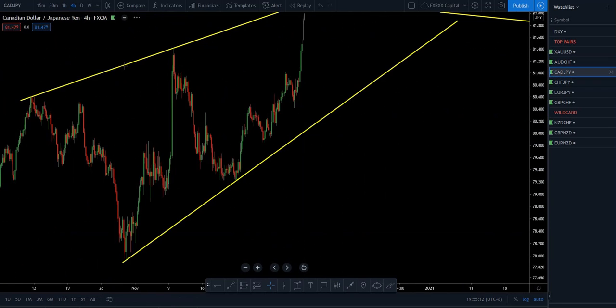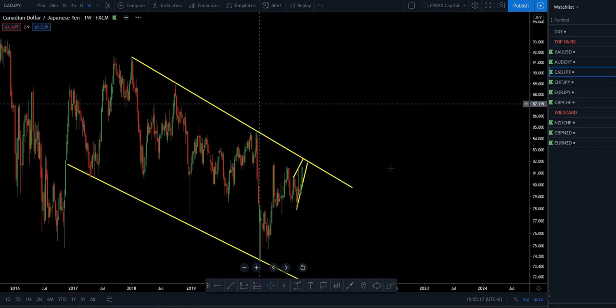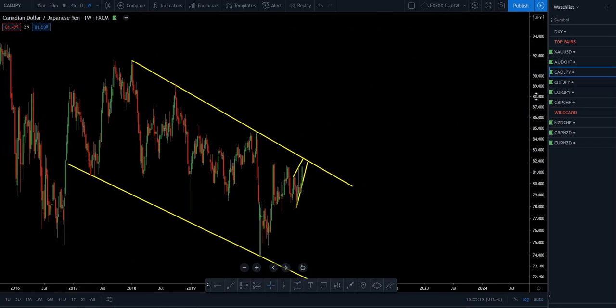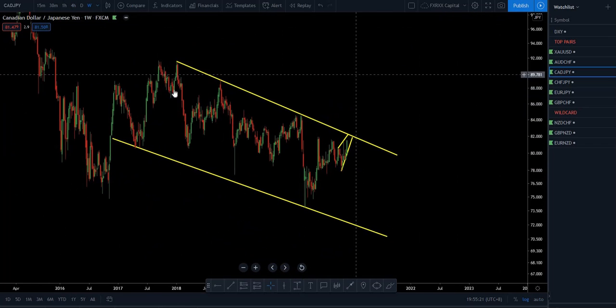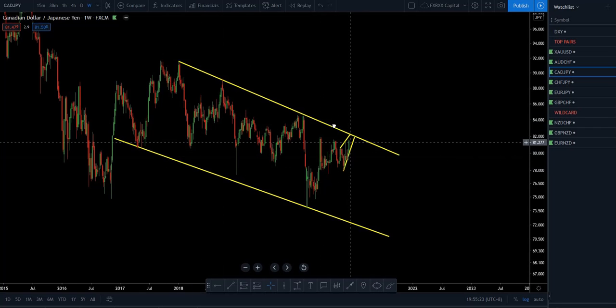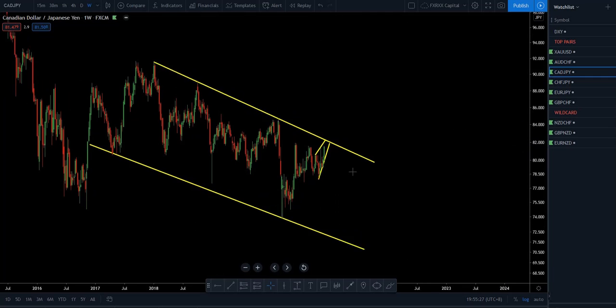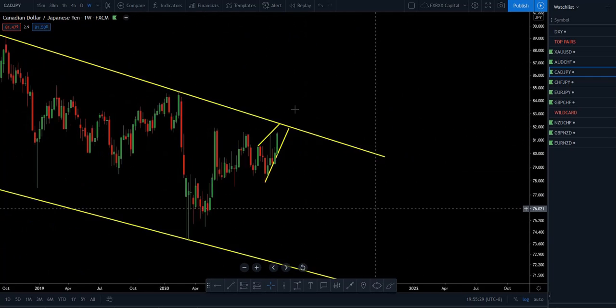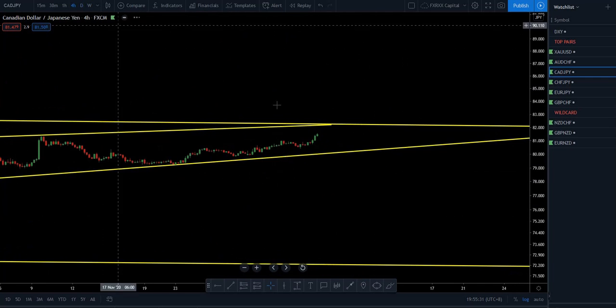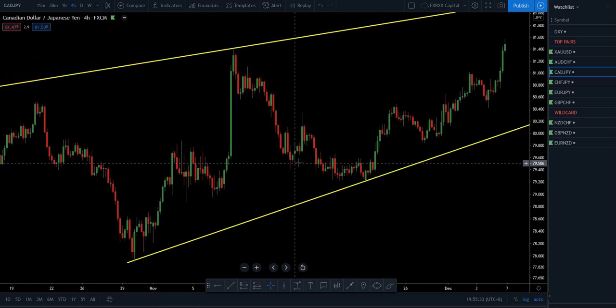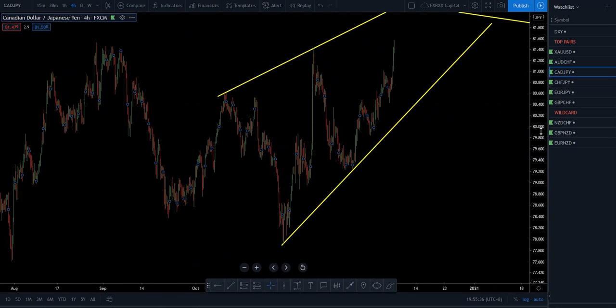Next we move to third pair, which is CAD Japanese yen in high time frame. Price is at a descending channel, very clean structure. Price is approaching this ascending channel with rising wedge. We can see if we move to 4 hour, the structure is quite clean and clearer.